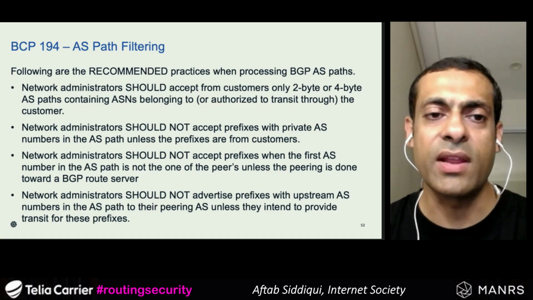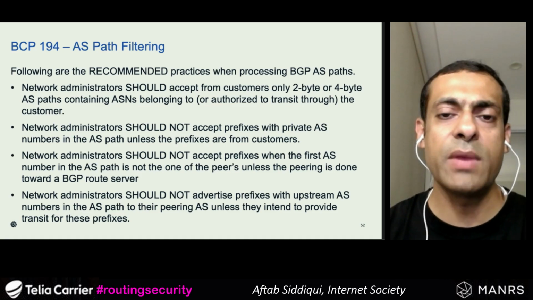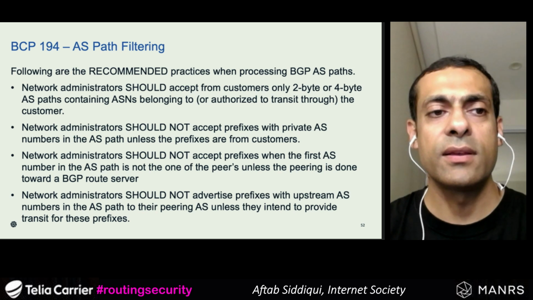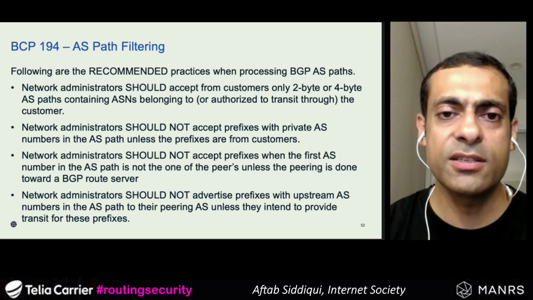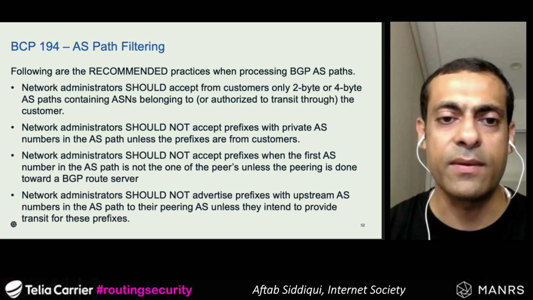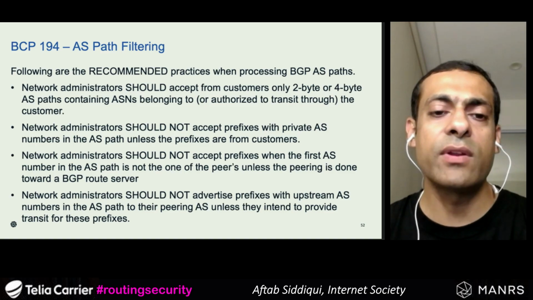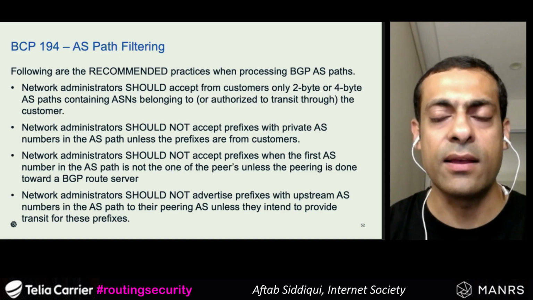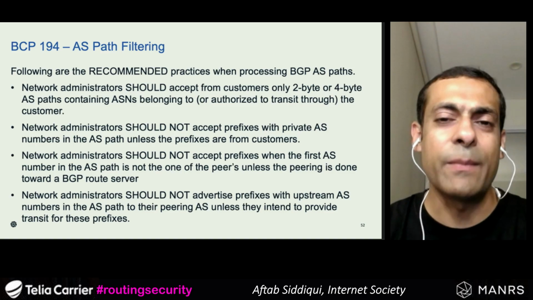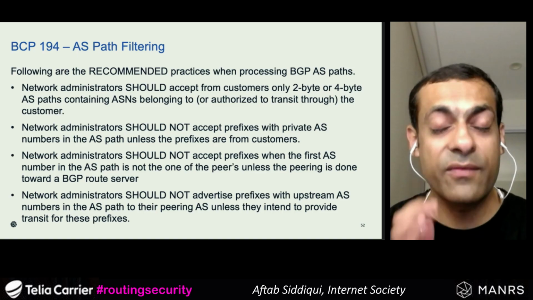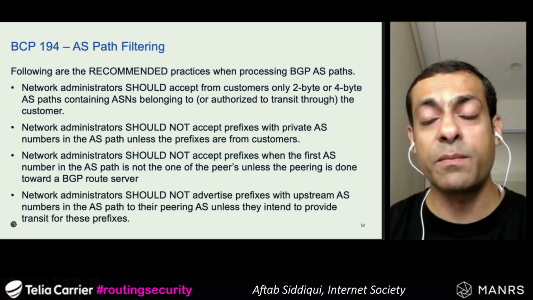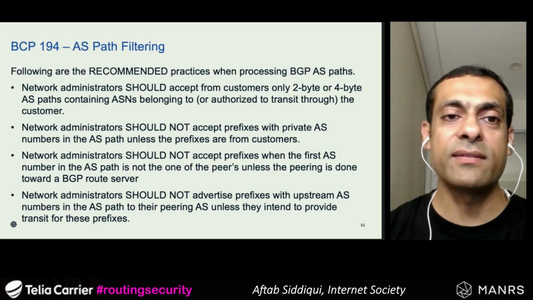And we see that a lot of the time because of wrong configuration. The reason for that is a lot of networks still filter the prefixes, but they do not filter the AS number. It means that anyone can hijack the prefix if they want to. I mean, they're not going to achieve a lot, but if they hijack the AS plus the prefix, they will be able to bypass a lot of filters.